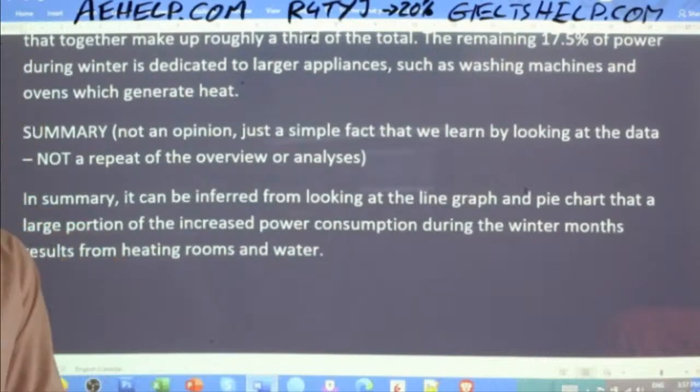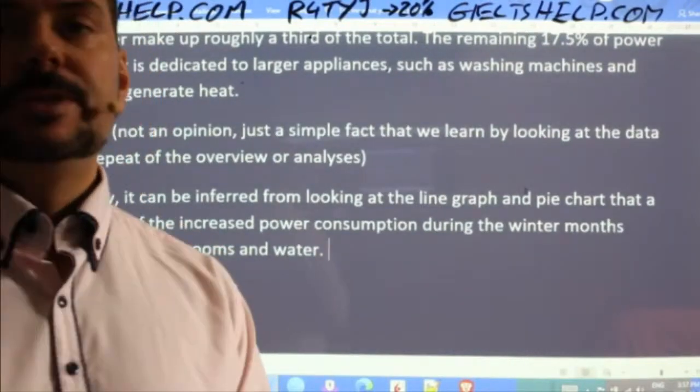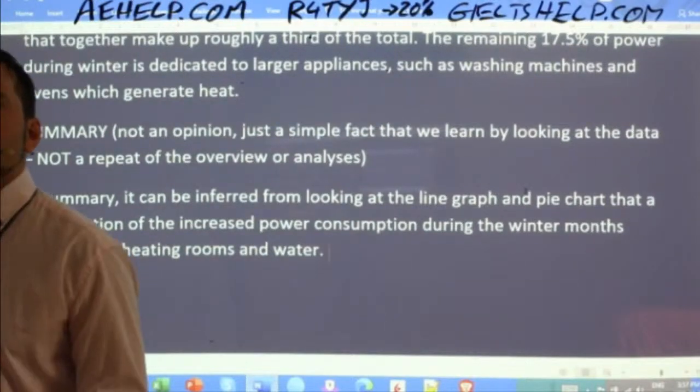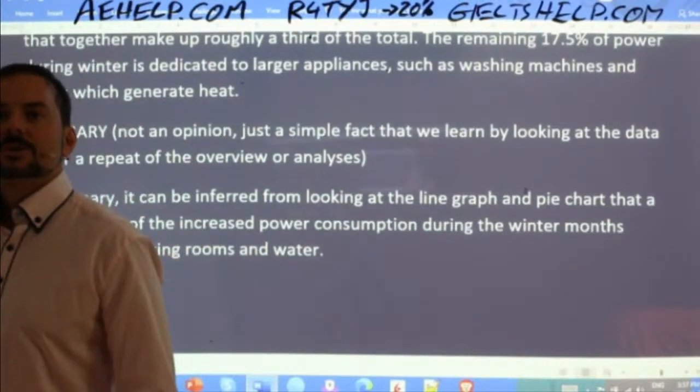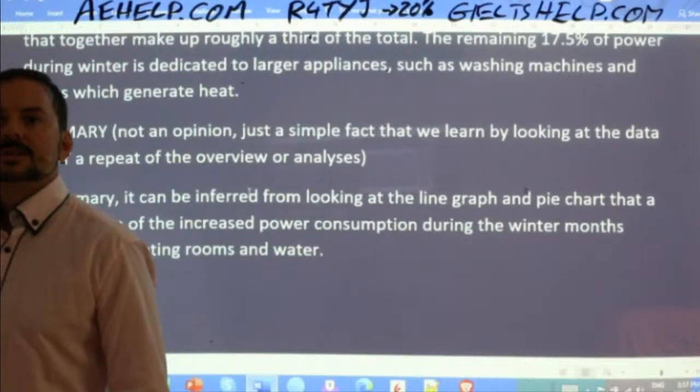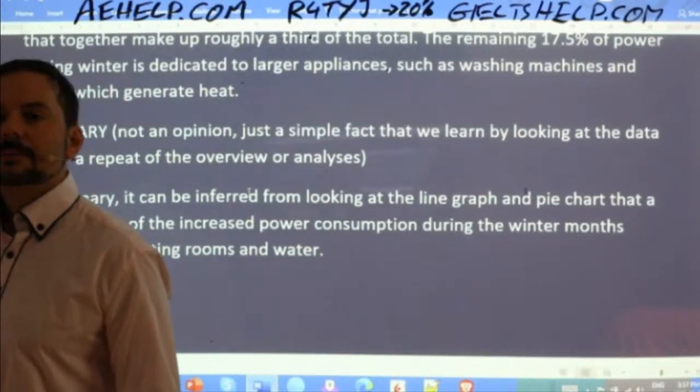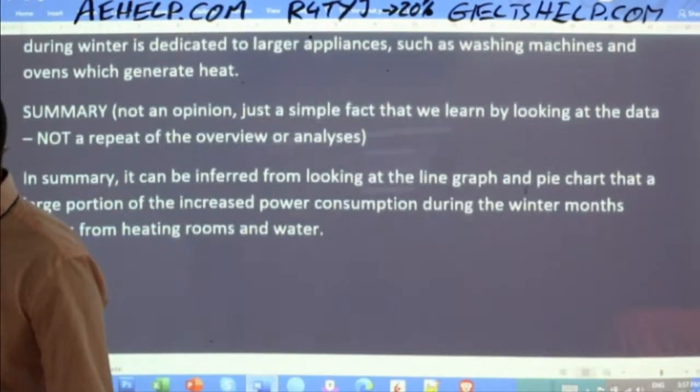So I'm not really adding my own information here, but this is something we can get from the data. Let's see if Kem has that. The most of energy consumption by people in the cold season with major contribution to heating and water. Yeah, you're on the right track, Kemzone. Just a little bit better wording here, but you're very similar to mine.